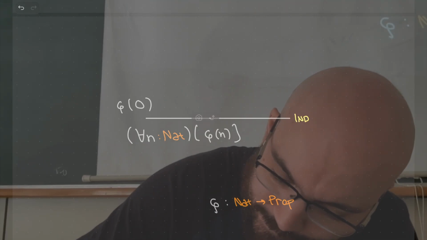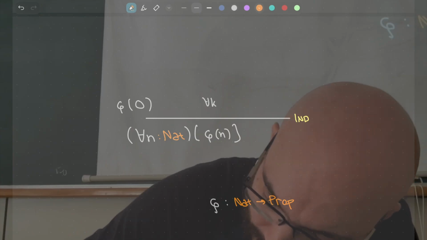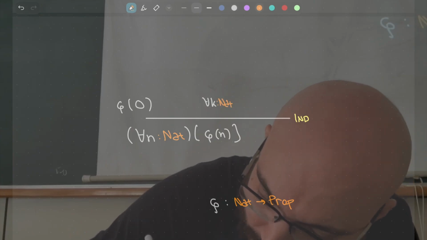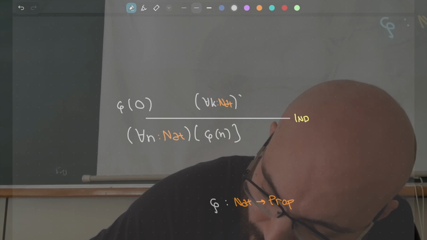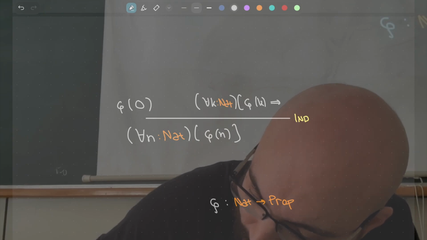For all k, I could use n here, but just to aid, in this case, I will use k. For all k, again of type nat, if it so happens that phi of k, then phi of successor of k.